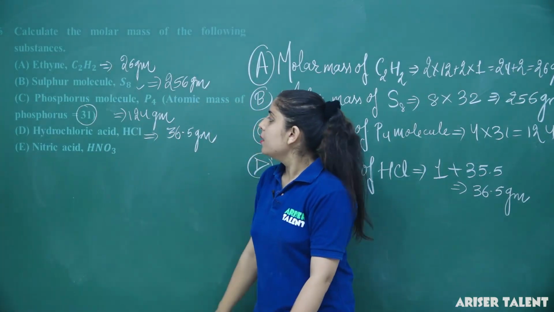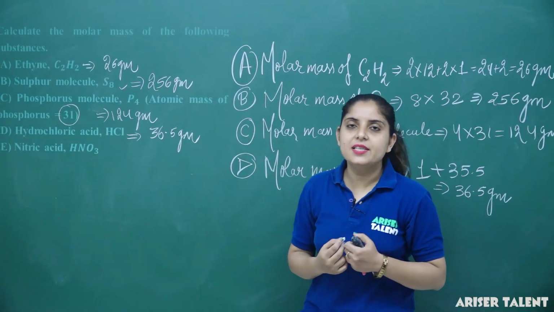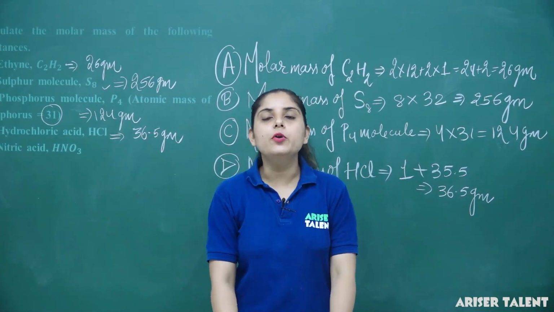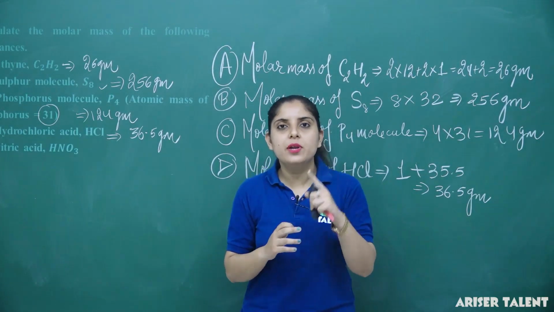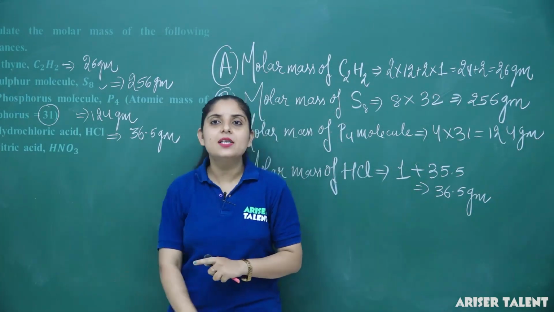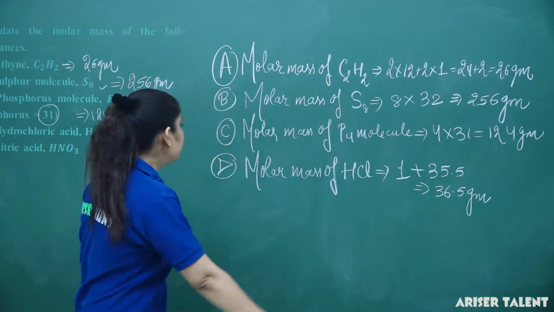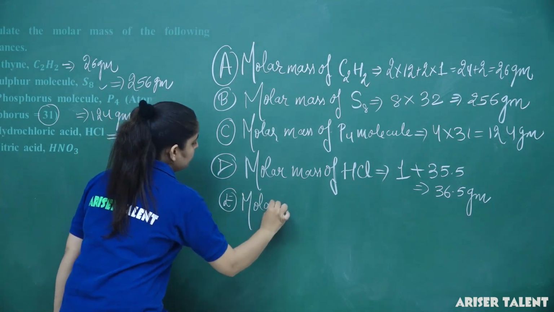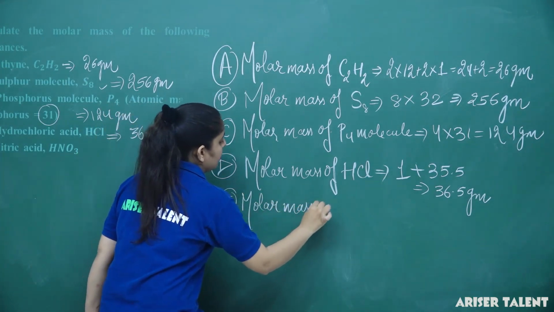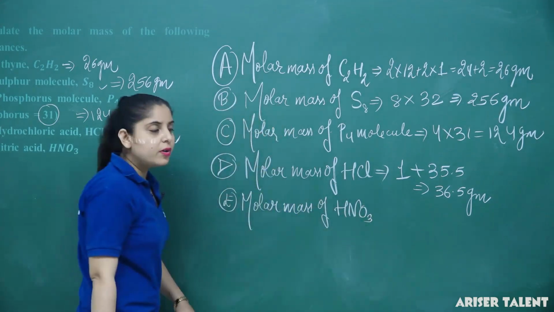Now, the next question is nitric acid, that is HNO3. If you want to determine the mass of HNO3, you must remember the mass of H, the mass of N and the mass of oxygen. So the last part is the molar mass of HNO3.